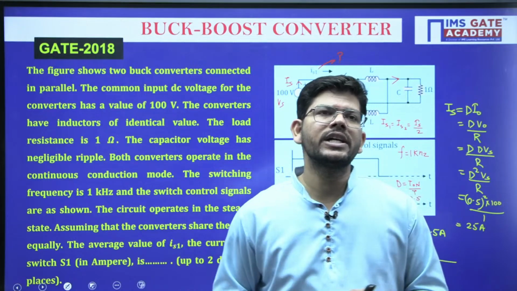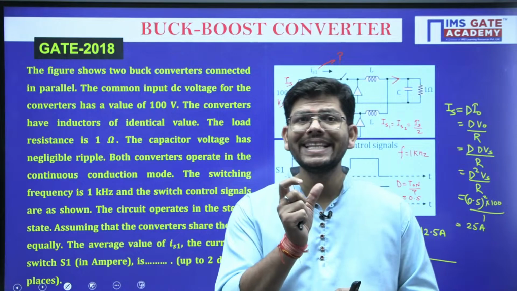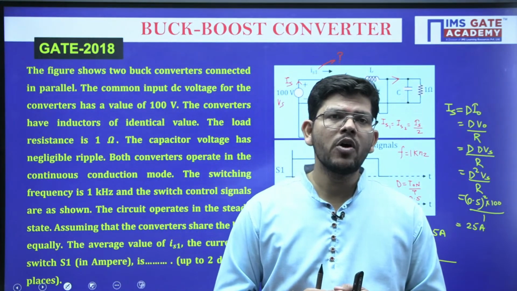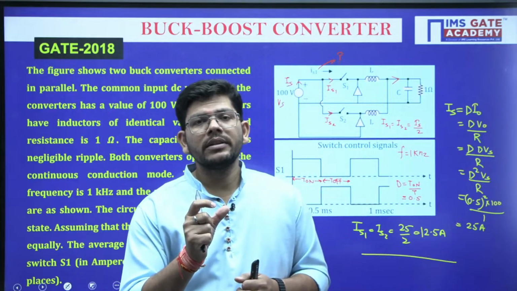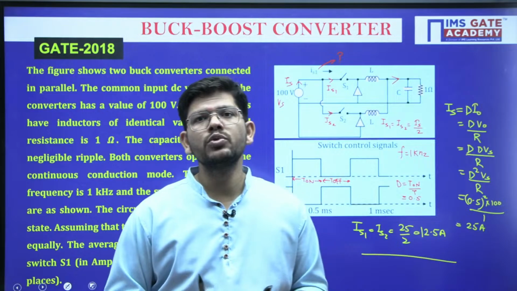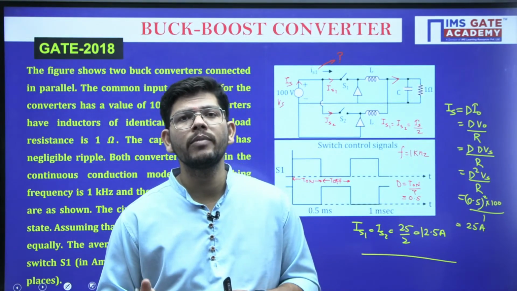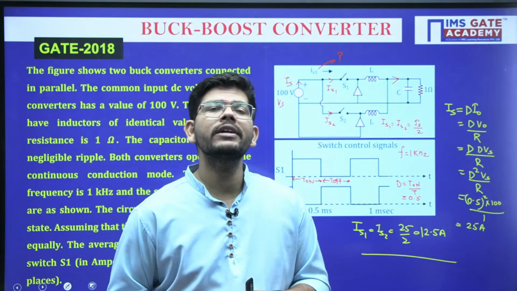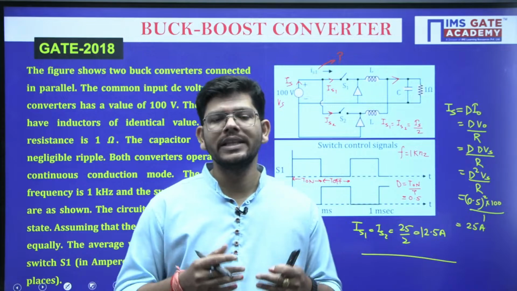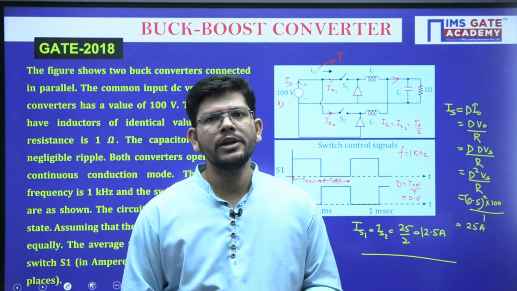These 3 lectures, watch them as many times as you can. Only these 3 lectures are very important, because the weightage of DC to DC converter in the exam is around 2 to 4 marks. On an average you will be getting a 4 marks question from this topic, and these 3 lectures will surely help you in getting those marks.